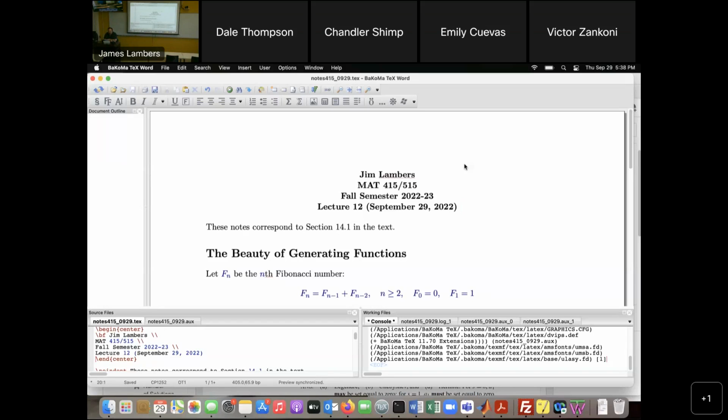So before I make use of a generating function in section 14.1 to introduce Bessel functions and show a lot of their properties, I would do something different with generating functions today to give you all more of an opportunity to appreciate their usefulness.